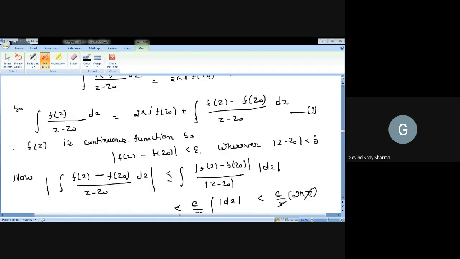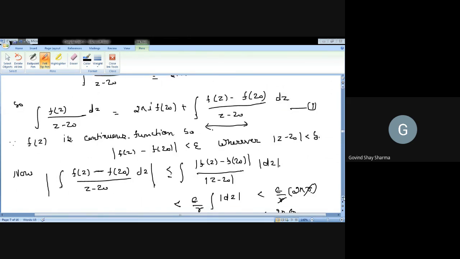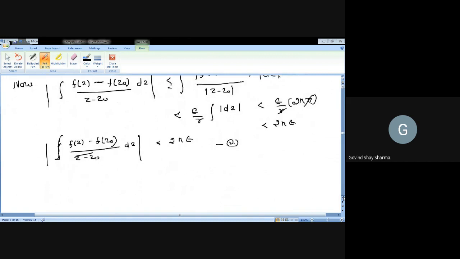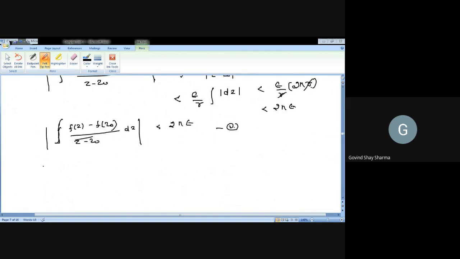By equations 1 and 2 we find this value is less than 2 pi epsilon. So epsilon we can take as 0. So we get, by 1 and 2, the integral of f(z) upon z minus z0 dz minus 2 pi iota f(z0) is equal to 0.